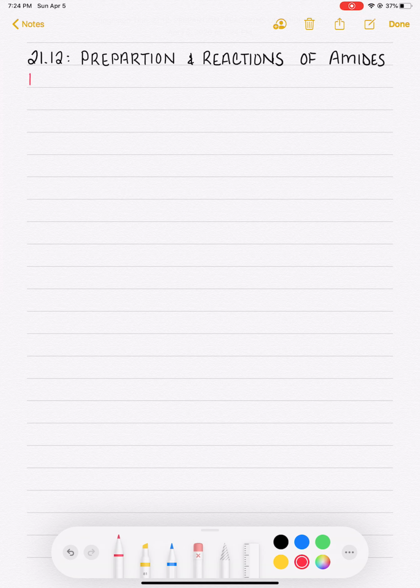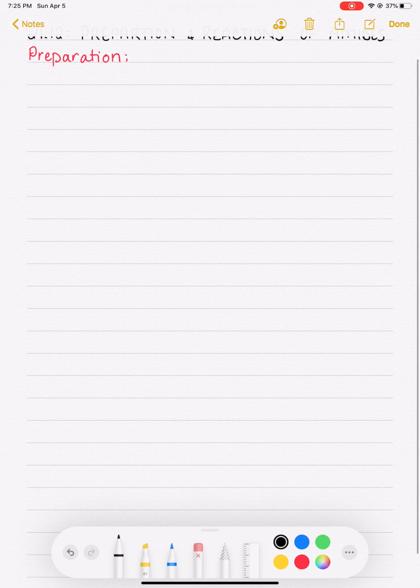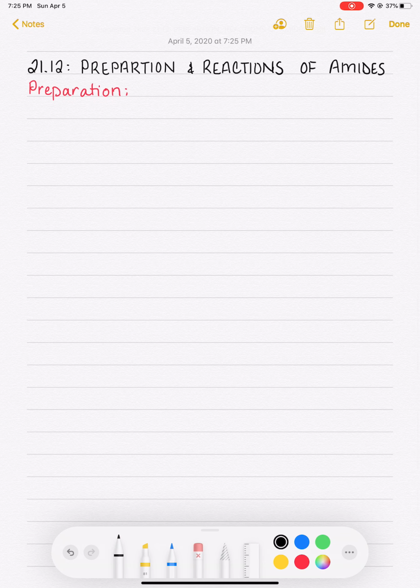We're going to start with how to make the amide. There are quite a few different ways to make an amide, but the simplest way, and the way that your book uses, is to take an acid chloride and just do the aminolysis reaction with whatever amine you're trying to make.